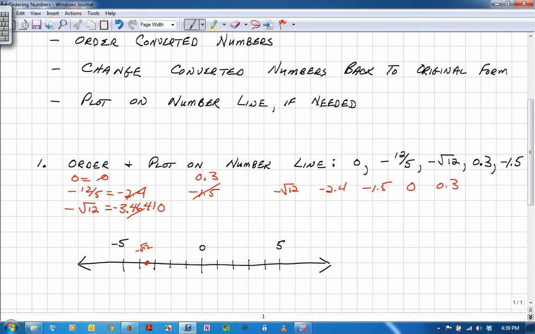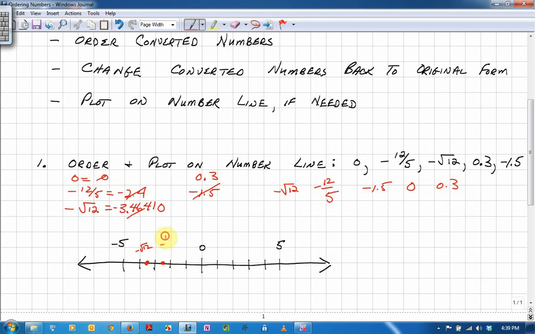Then we go to the negative 2.4, so I go a negative 1, a negative 2. Now, a negative 2.4 was the negative 12 fifths, and I messed up here too because the original number was negative 12 fifths, so that's what I should have had right there. So a negative 1, a negative 2, a negative 2.4.